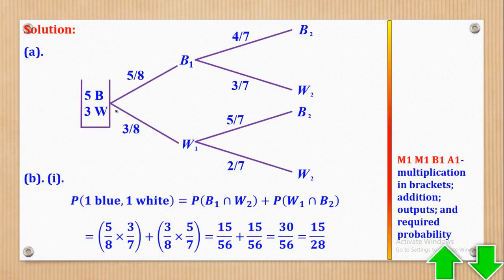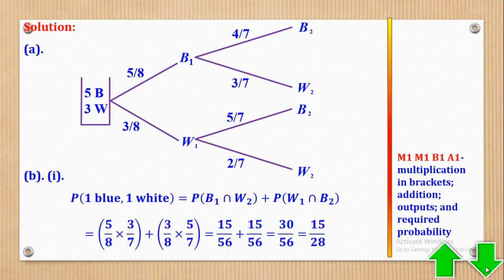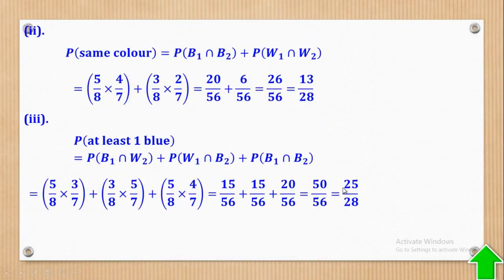For first blue followed by white, it will be 5 over 8 times 3 over 7. Then white followed by blue is 3 over 8 times 5 over 7. Then both blue is 5 over 8 times 4 over 7. So when I add, I'll come up with 25 over 28.